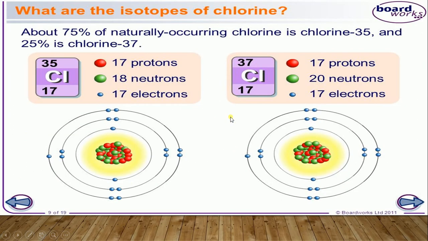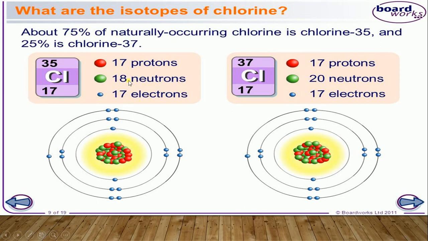Take another example, chlorine. What are the isotopes of chlorine? There are 2 isotopes of chlorine, chlorine-35 and chlorine-37. The atomic number is the same, that is 17. Both have the atomic number 17, because the number of protons is the same, that is 17 protons, but they differ in their number of neutrons.